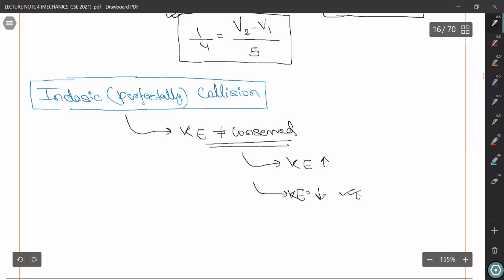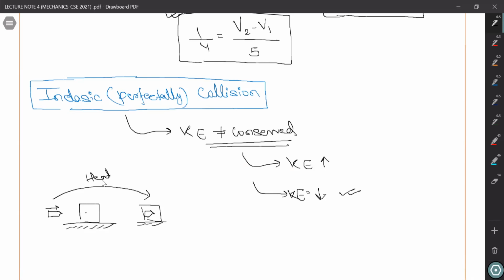For the decrease, you can understand by a very small example. Let's suppose we have a block and we shoot a bullet into it, and it gets embedded in it. This kinetic energy is converted into heat, so you can see the decrease in kinetic energy from this.